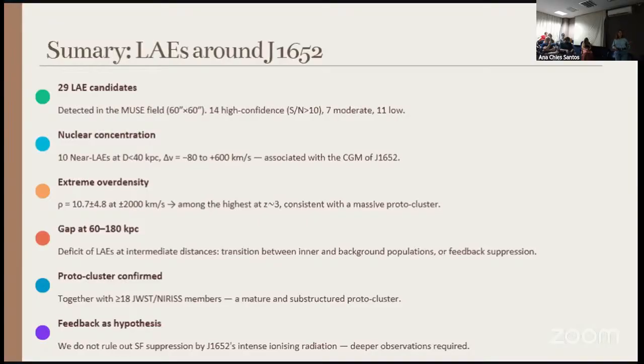This quasar is among the highest high-z overdensity regions, consistent with a massive proto-cluster formation. You also observe a gap of Lyman-α emitters at that intermediate distance. Probably this is a transition between the close galaxies and the random background, but probably also feedback suppressing star formation.